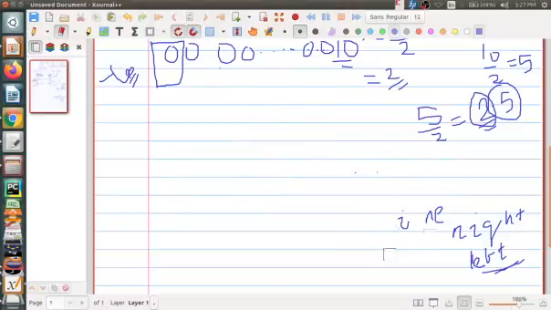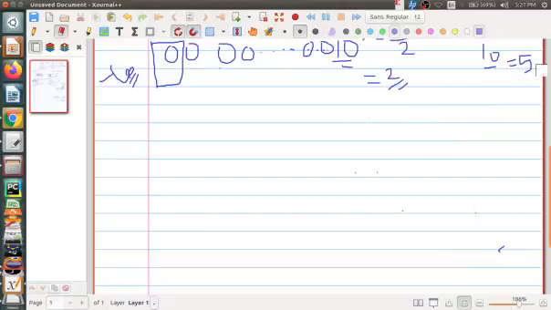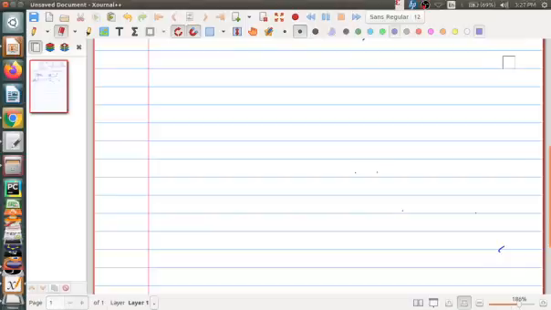You can see this unsigned left shift has nothing to do with the sign bit. The left shift is the same as before, with the triple less-than sign, and the right shift will be the triple greater-than sign. So this is unsigned right shift, and this is unsigned left shift.